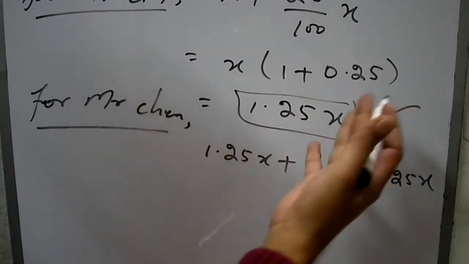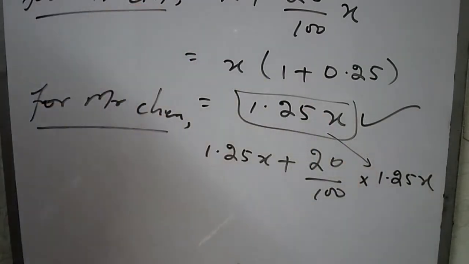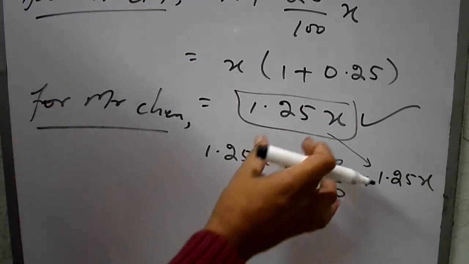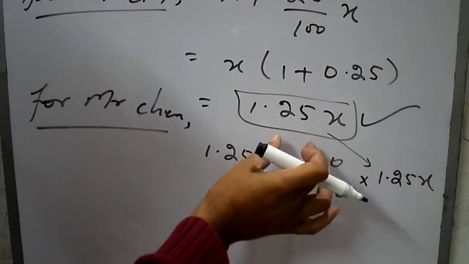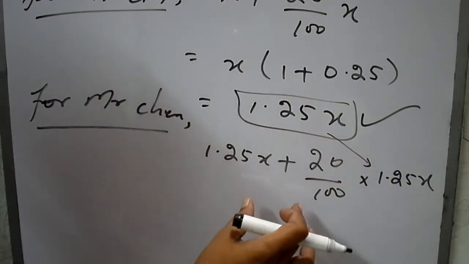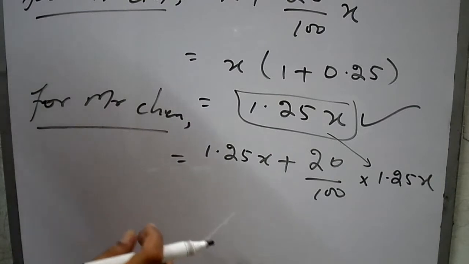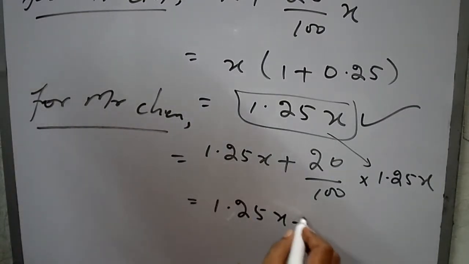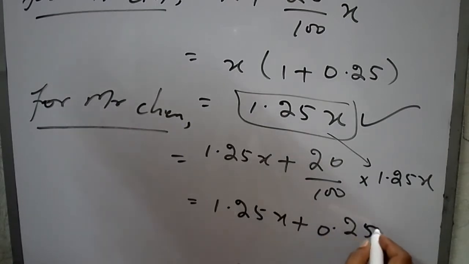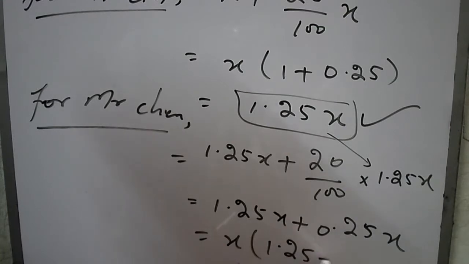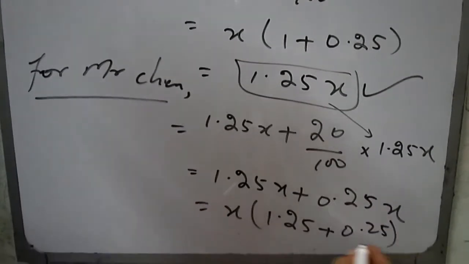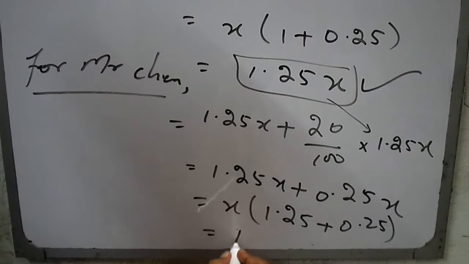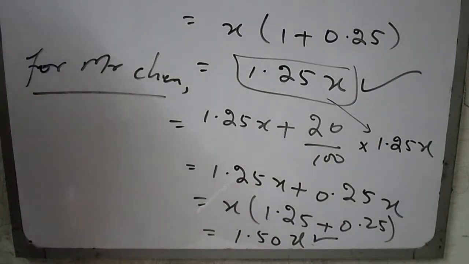Mr. Chin is taking 20% of Mr. Lin's. So that is the given condition for Mr. Chin. So by simplification, you will get 0.25x. So taking x as common, 1.25 plus 0.25, so 1.50x is for Mr. Chin.